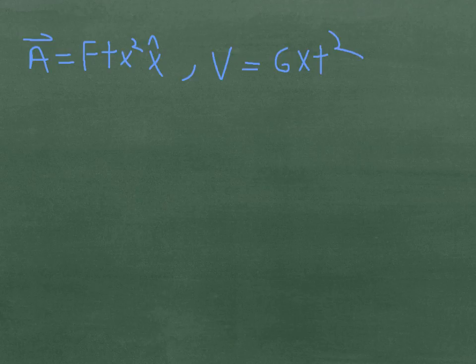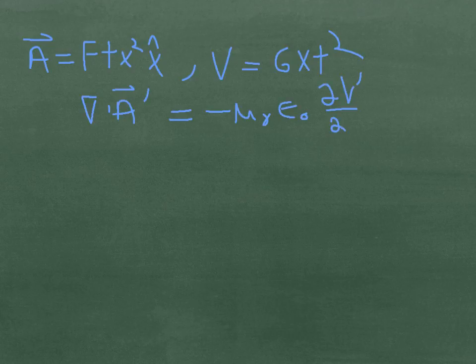Okay, so the criteria for the Lorentz gauge is del dot vector potential A prime is equal to minus mu naught epsilon naught dV prime dt. So that's the Lorentz gauge condition.